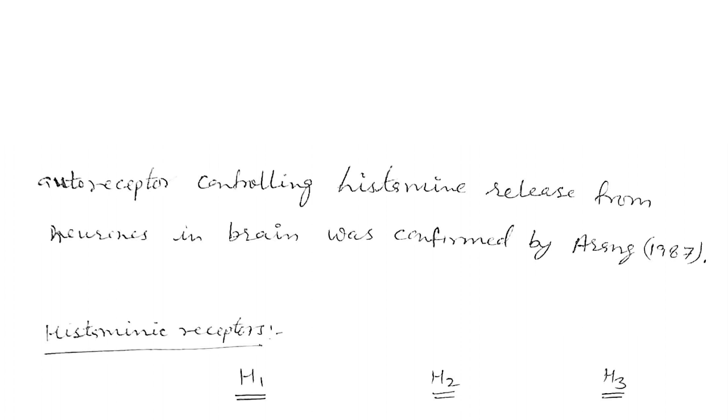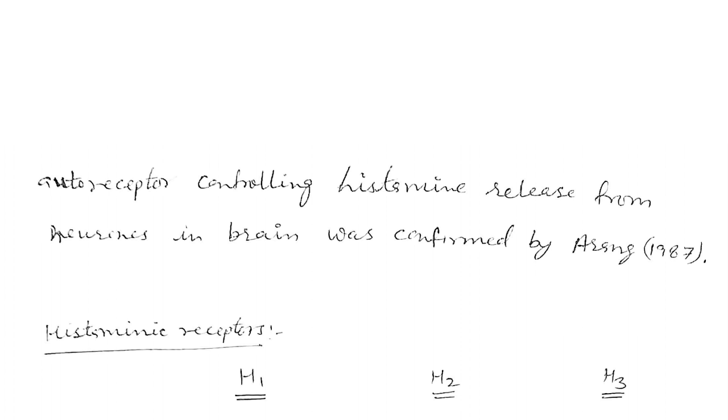They are responsible for the secretion of a histamine controlling hormone from our brain. So these H3 receptors are basically responsible for controlling the histamine concentrations in our body, and they are present in our brain.